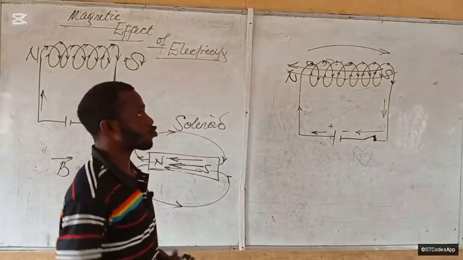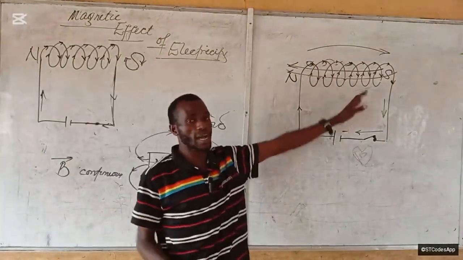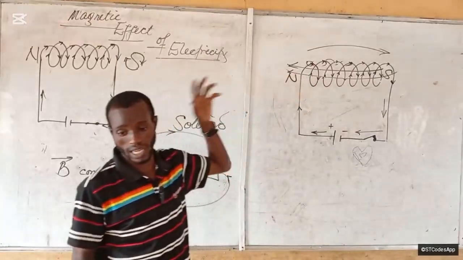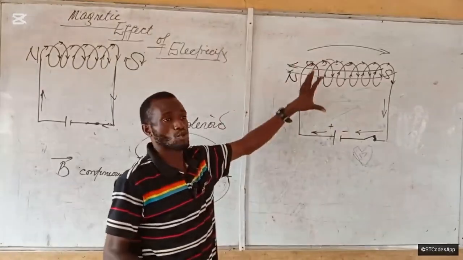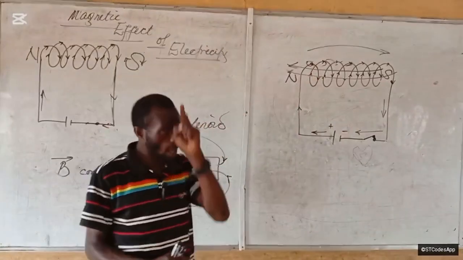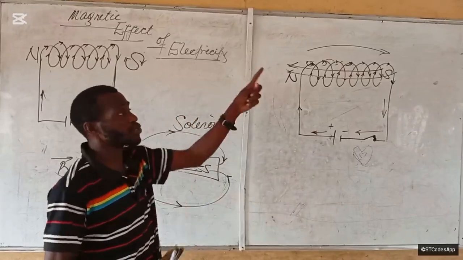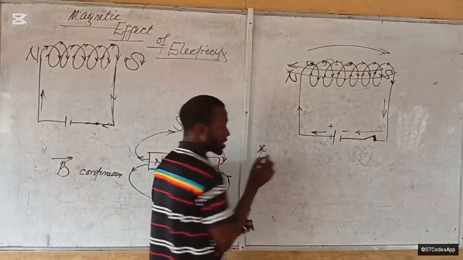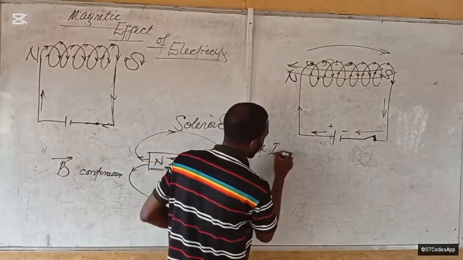Now, what can you do to improve? This magnet is not so strong. The magnetic field is not so strong in it, but it's stronger than a wire. If you wanted to increase the magnetic field here, there are some things you can do. Number one is that you can increase the amount of current.